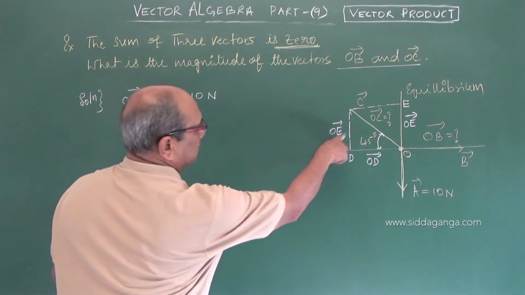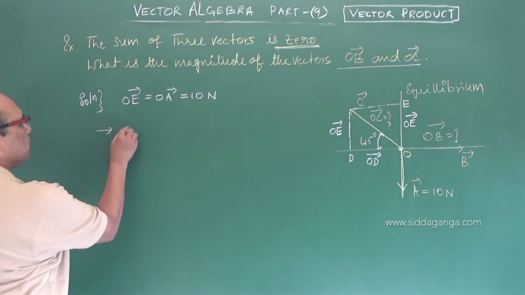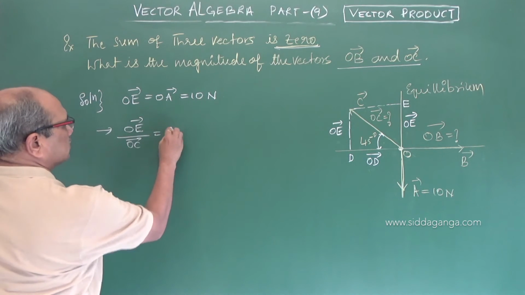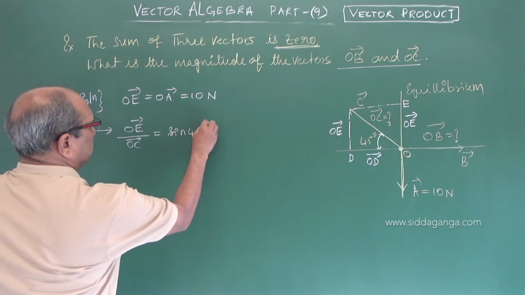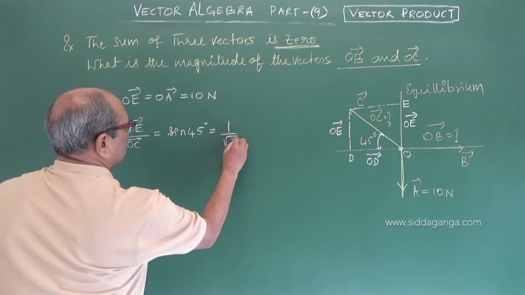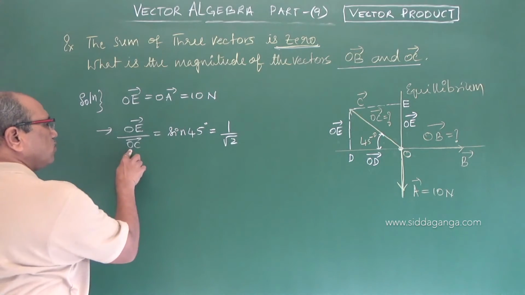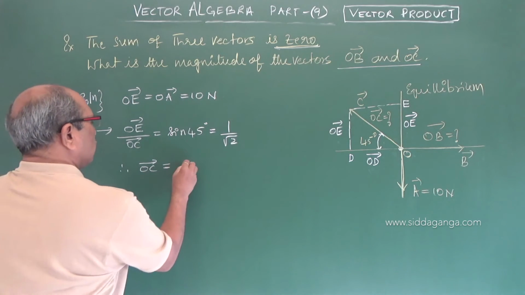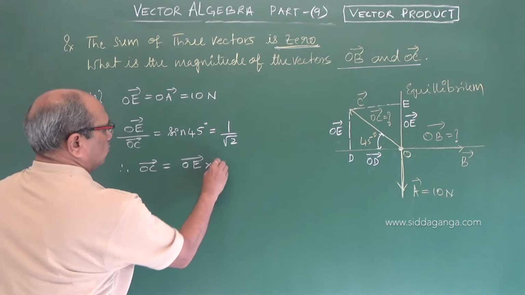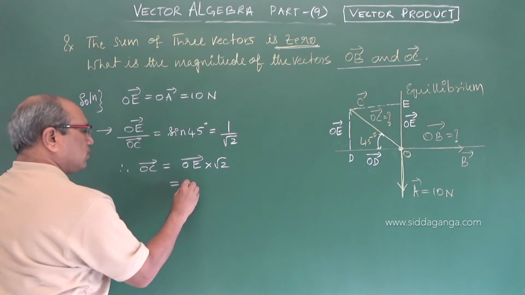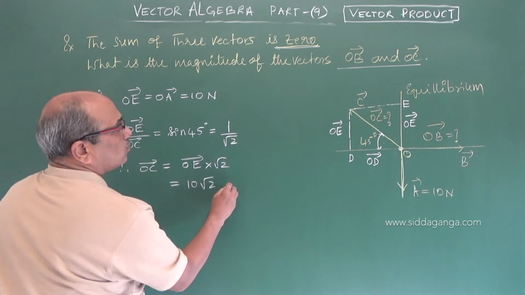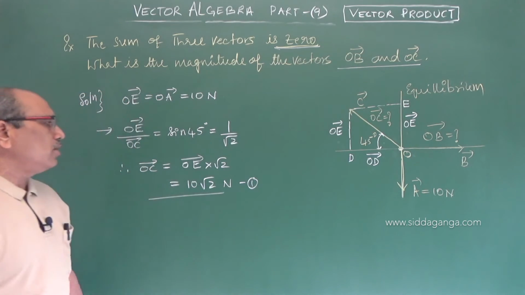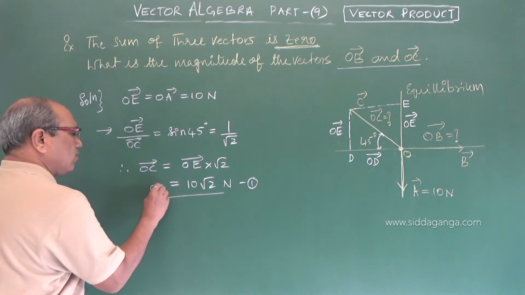So from the figure, OE by OC is equal to sin 45 degrees, that is 1 by root 2. But you want OC, therefore vector OC is equal to OE into root 2, which is 10 root 2 Newton. Therefore, the answer is 10 root 2 Newton. I think you understood why I arrived at the value of OC.